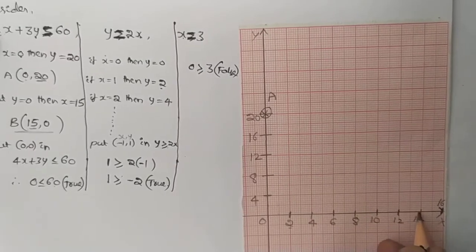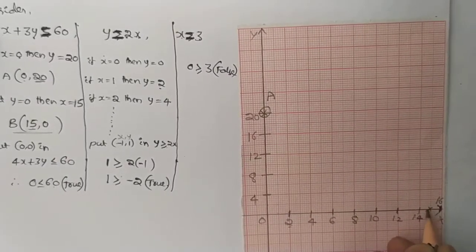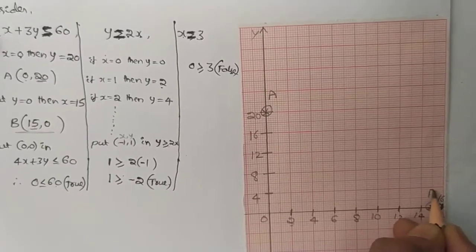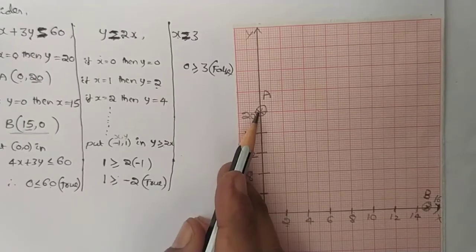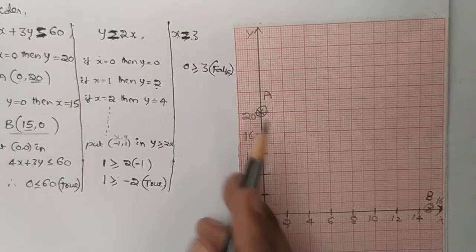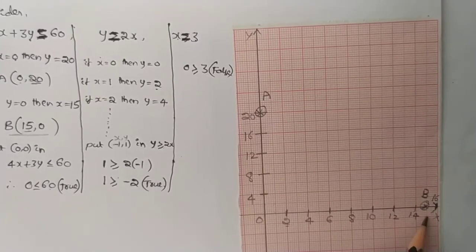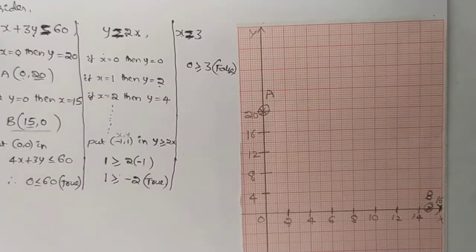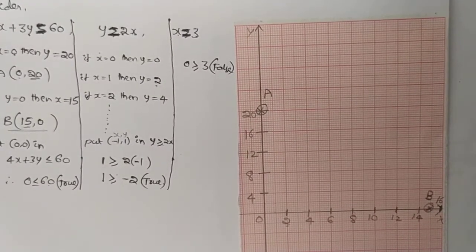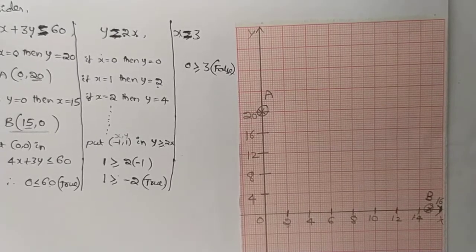It will be in between 14 and 16, the point B. It is a point 0 comma 20, it is a point 15 comma 0. Now you just join these 2 points.